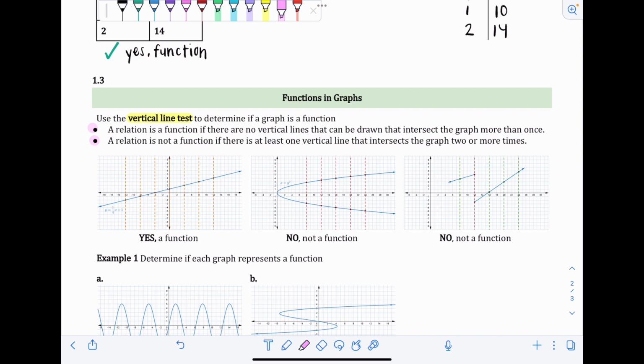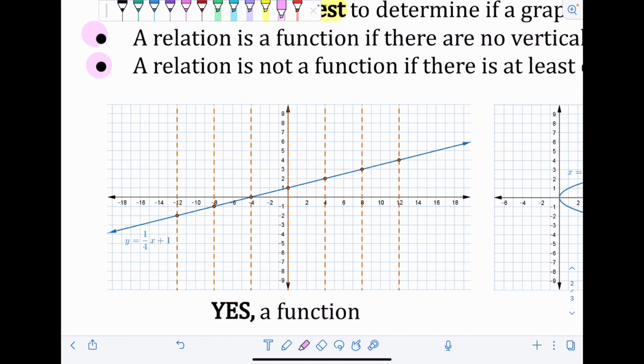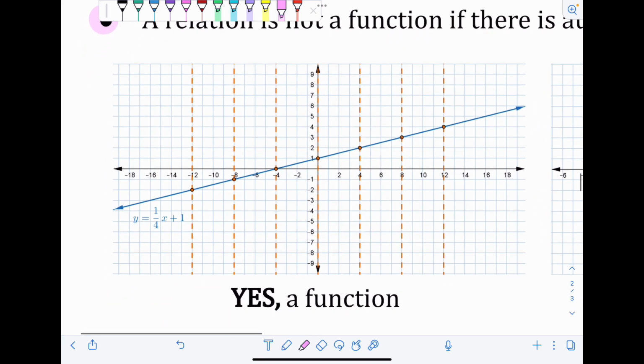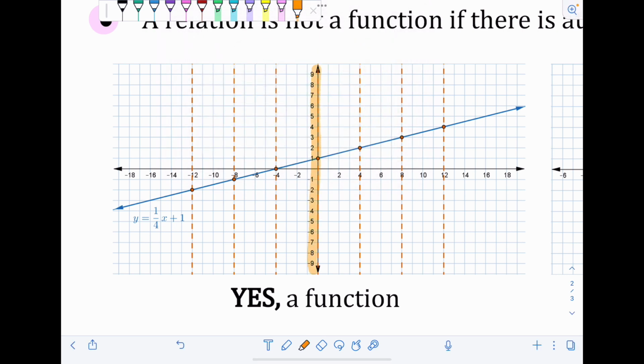So what that means, I'm going to show you a couple examples of each. We'll zoom in on this one. This is an example of a function because you can see there's a bunch of vertical lines drawn on here. And you could technically draw it anywhere. I'm going to see if I can slide it around. So I have this vertical line, and if I drag it anywhere along the graph, it only ever intersects the graph, which is the blue part of the line, in one point.